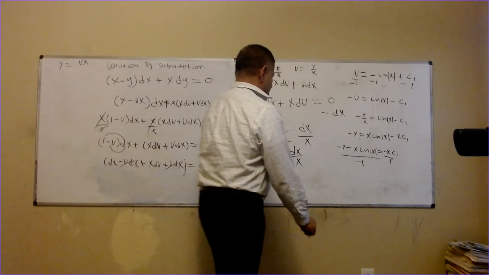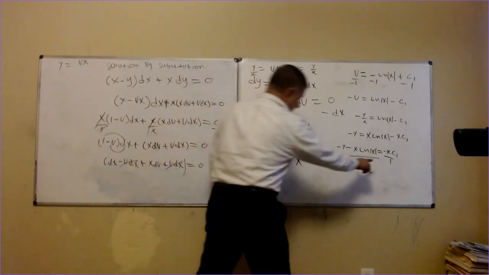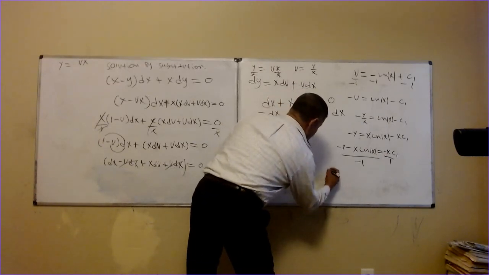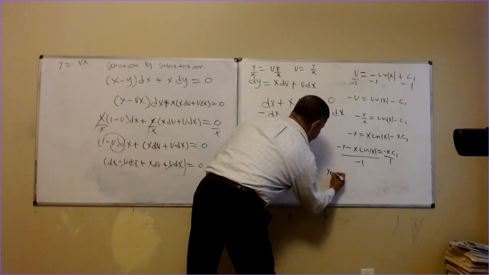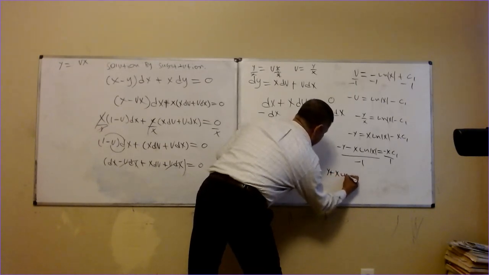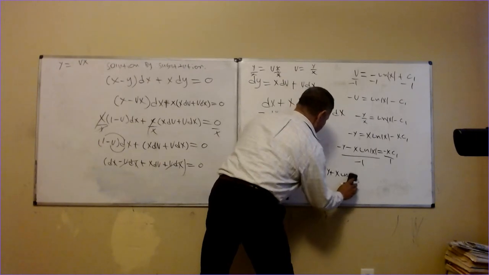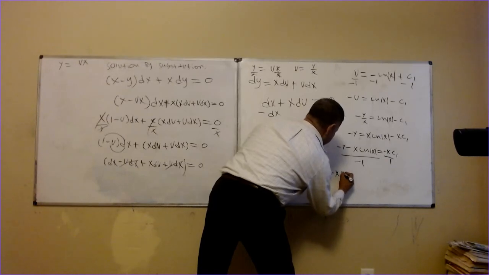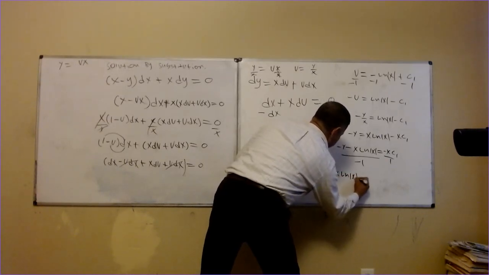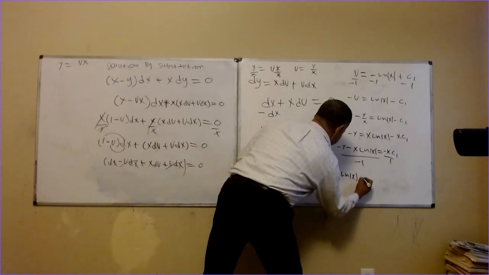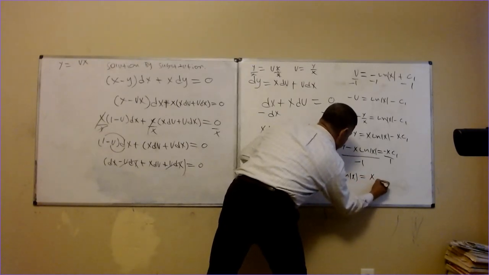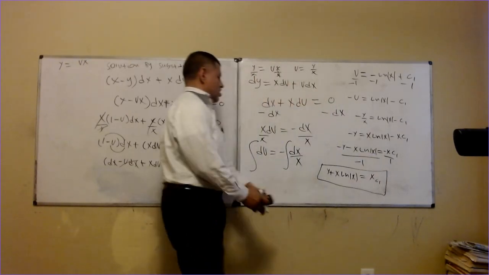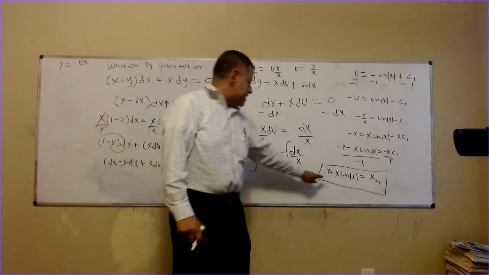So the final answer, after I divide by negative 1, is going to be y plus x ln x, y plus ln x, equal to x c1. Okay, so that's it. That's the answer for that problem.